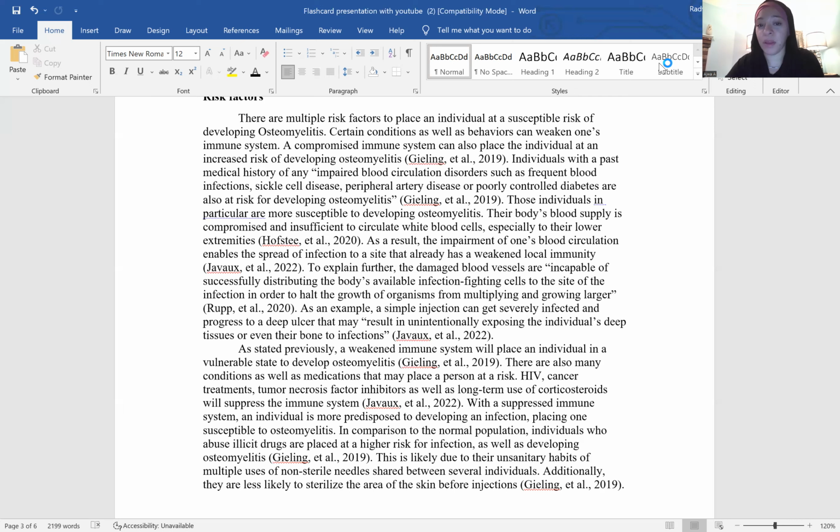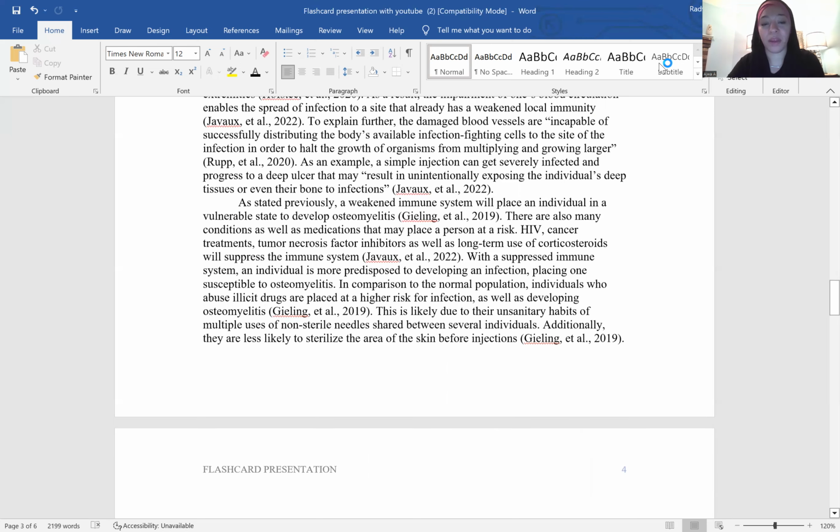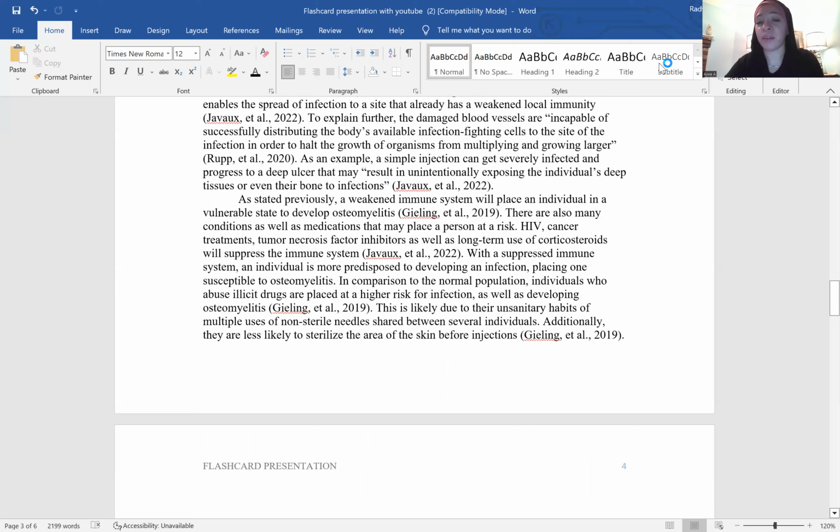As an example, a simple injury can get severely infected and progress to a deep ulcer that may result in unintentionally exposing the individual's deep tissues or even their bone to infections. As stated previously, a weakened immune system will place an individual in a vulnerable state to develop osteomyelitis. There are many conditions as well as medications that may place a person at risk.